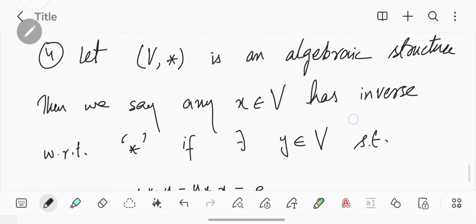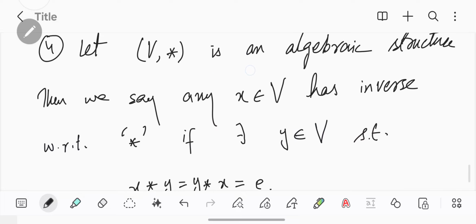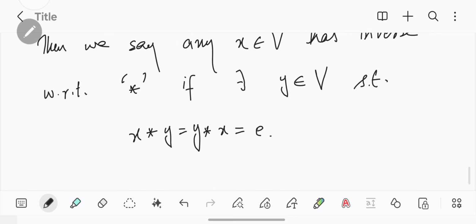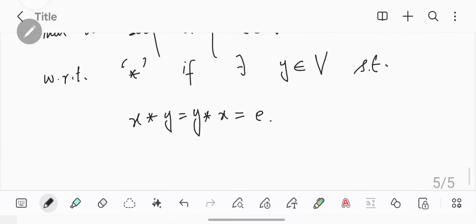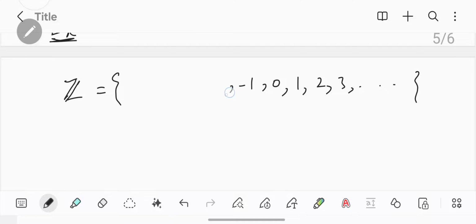What does that mean? We say that an element from V has inverse if there exists another element y such that if you operate x and y, you will get neutral element identity. Here is an example. If you take this set 0, 1, 2, 3 up to so on, minus 1, minus 2 up to so on.